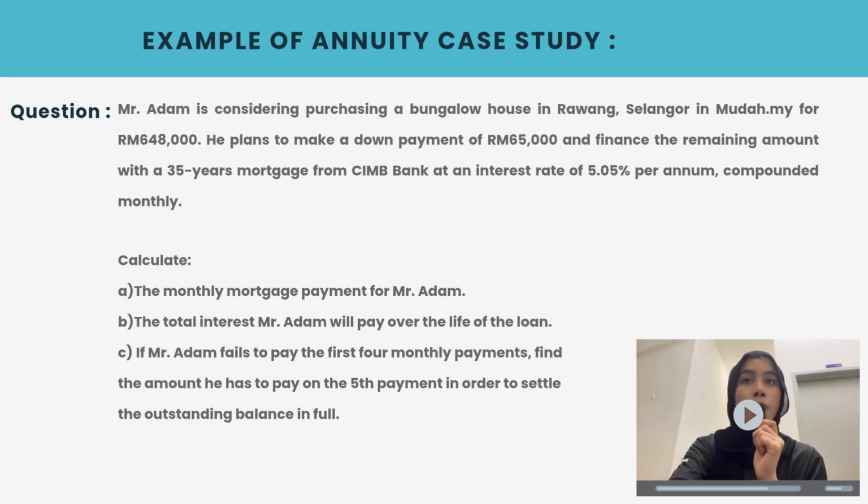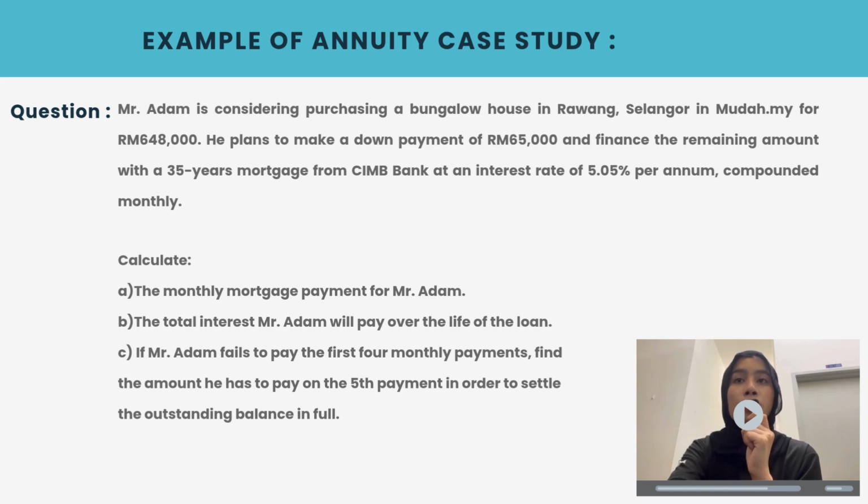The question is about Mr. Adam, who is considering purchasing a bungalow house in Rawang, Selangor on Mudah.my for RM648,000. He plans to make a down payment of 65,000 ringgit and finance the remaining amount with a 35 years mortgage from CIMB Bank at an interest rate of 5.05% per annum compounded monthly.